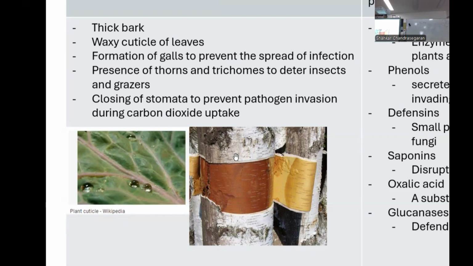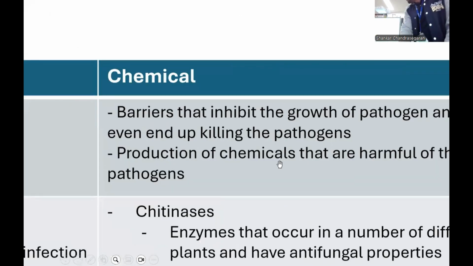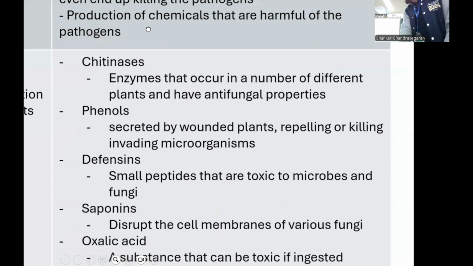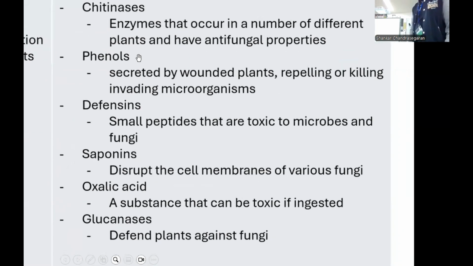So out of these physical barriers, I would prefer if you guys knew at least one or two of the features. And same with the chemical barriers. These are basically all the chemicals that plants can make to ensure that they can prevent any pathogens from invading into their body, right?